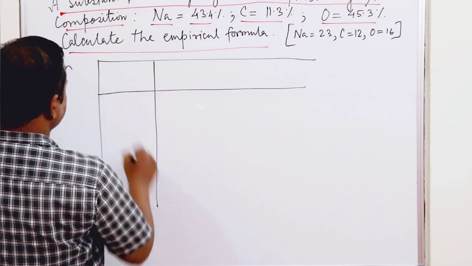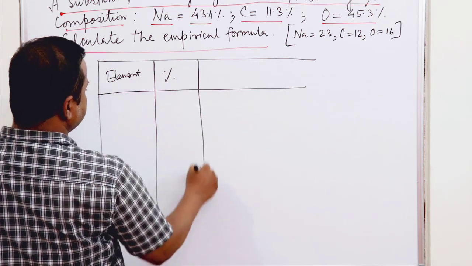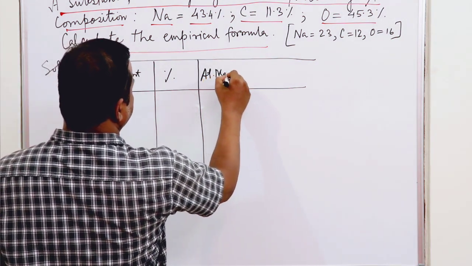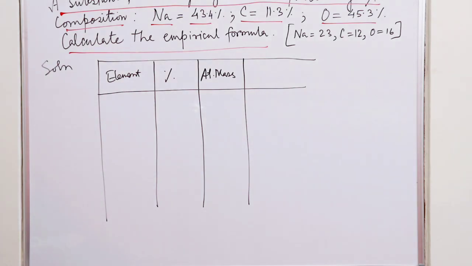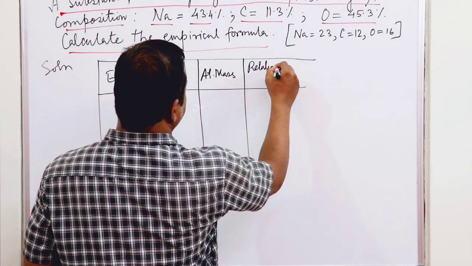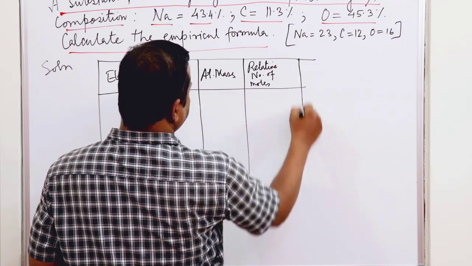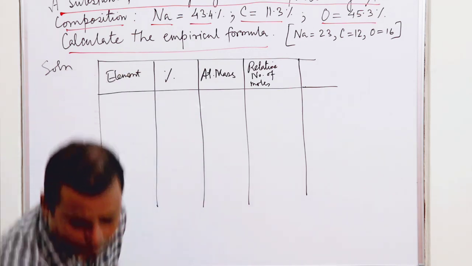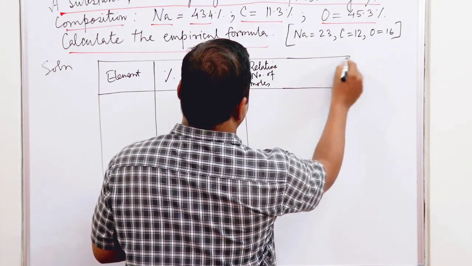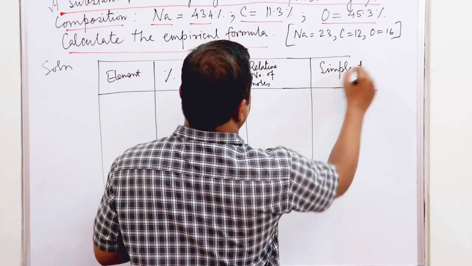The first column should be the name of the element, then percentage composition, then after that the atomic mass, then you should have relative number of moles, then this should be a little bit bigger, simplest whole number ratio.